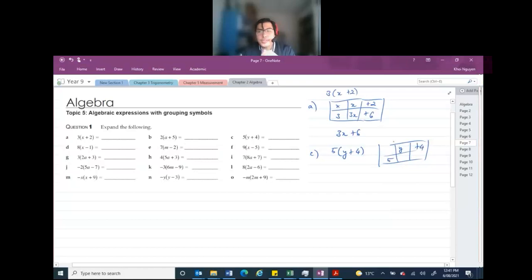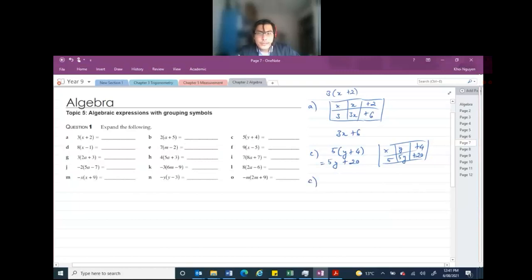Now, I do apologize for the poorly drawn table. 5 times y, that is 5y, and positive 5 times positive 4, that's going to be a positive number, and 5 times 4 is 20. So our answer is going to be 5y plus 20.